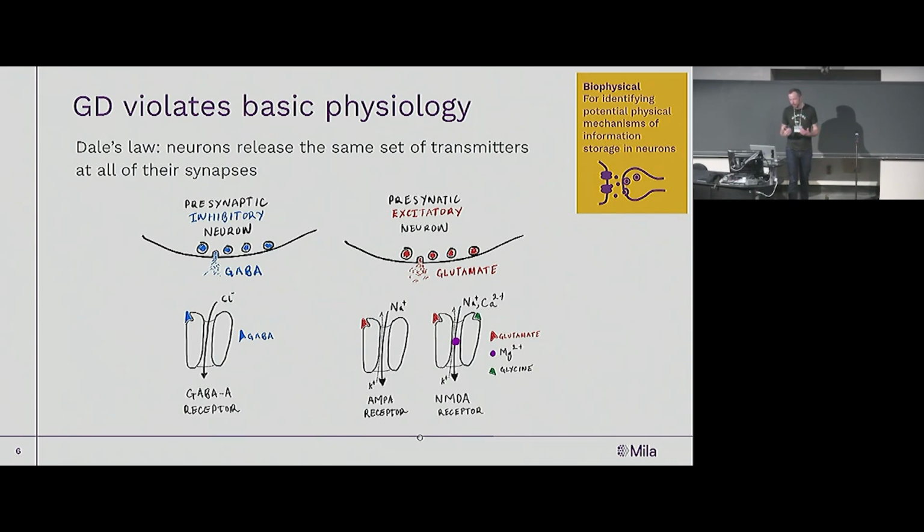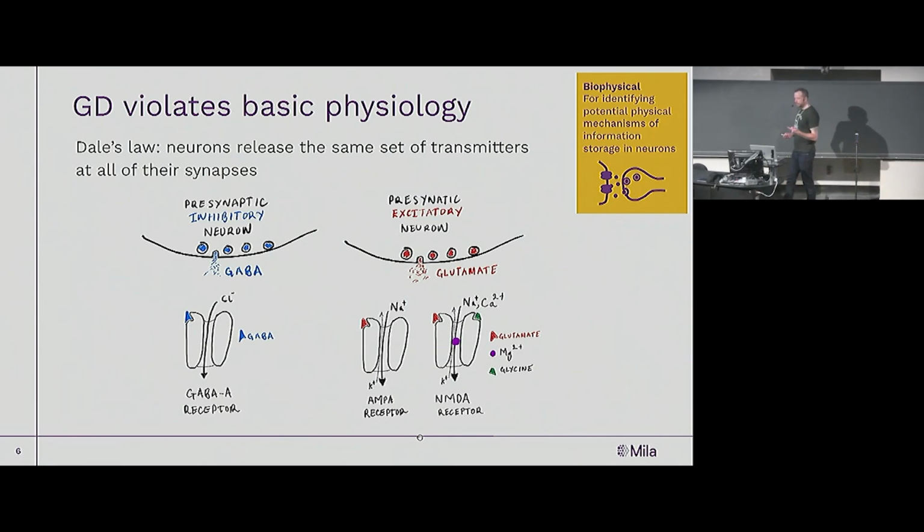But what Dale's law means practically from the perspective of modeling the brain with a neural network is that you cannot have cells that switch from being an inhibitory cell to be an excitatory cell, or vice versa. That's because, according to Dale's law, if I'm a neuron that releases GABA from my axonal terminals, A, I'm going to release GABA from all my terminals, and B, I can't release any other neurotransmitter.